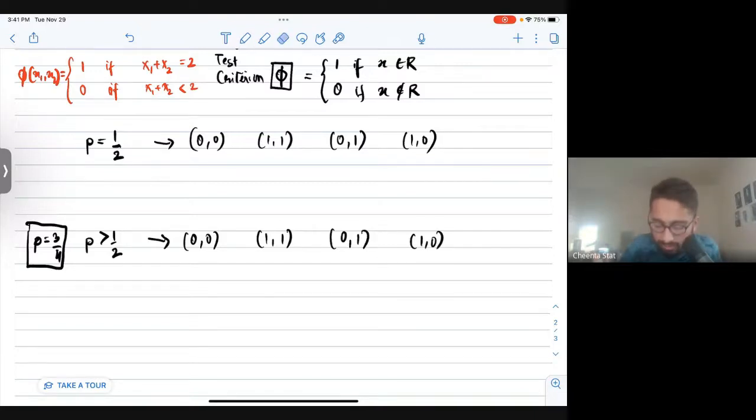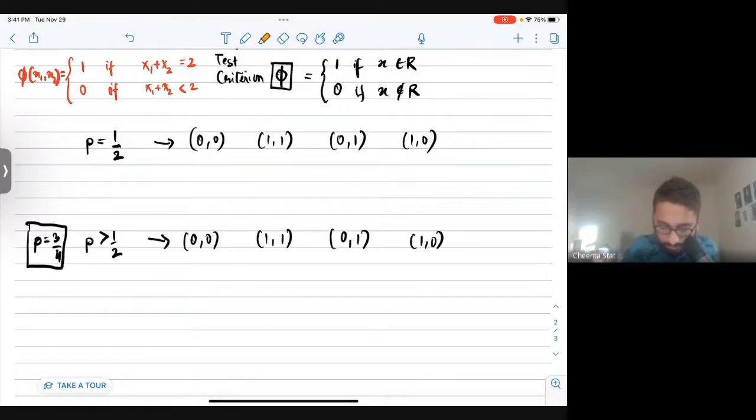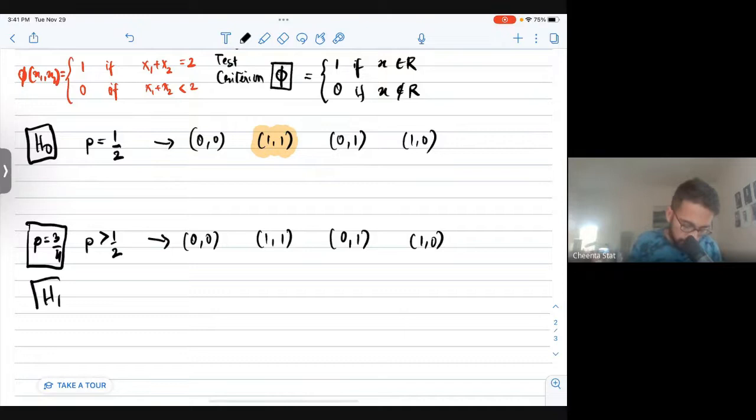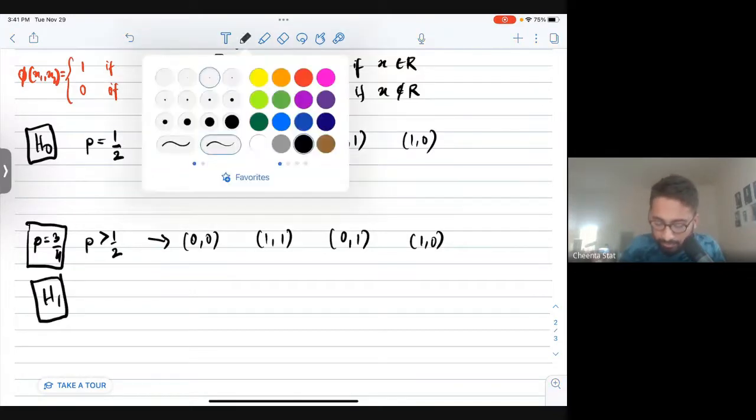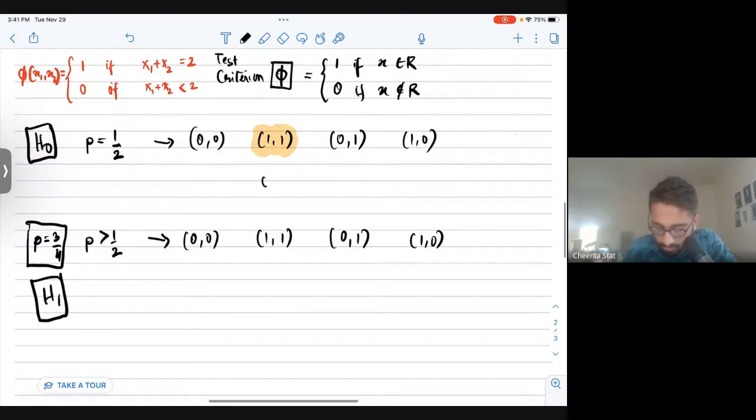We have rejected if this is this. But even if p is equal to half, which is the null hypothesis, there is some probability of this happening. This is probability 0.25.